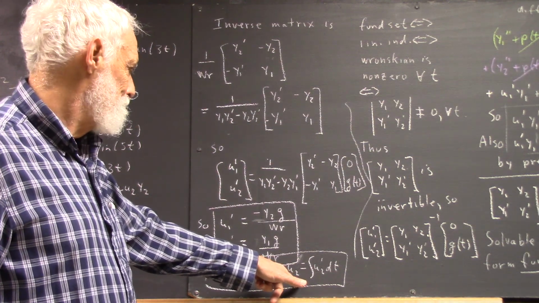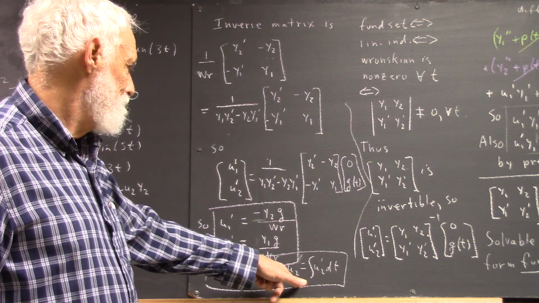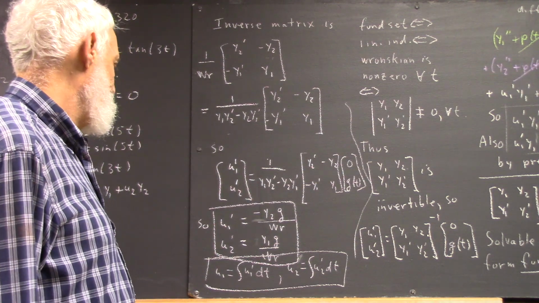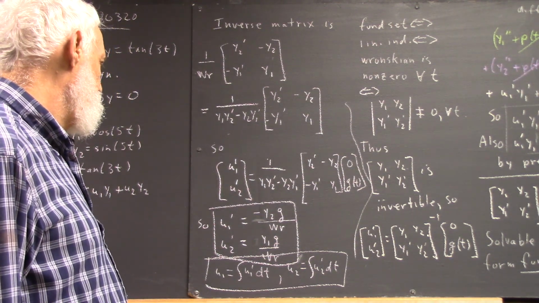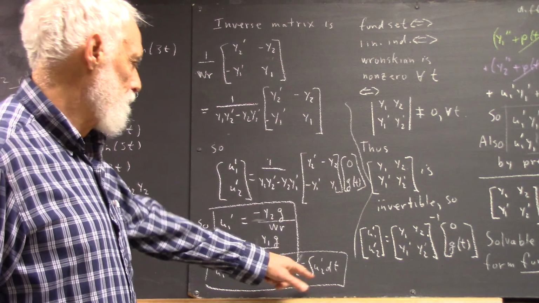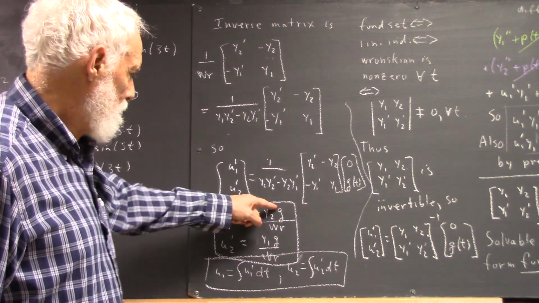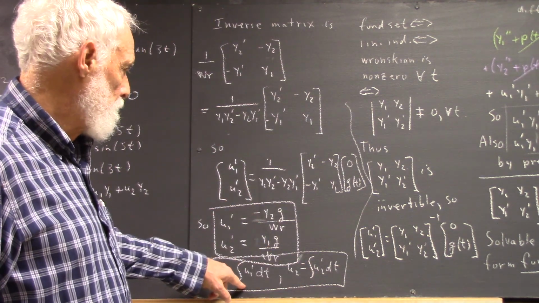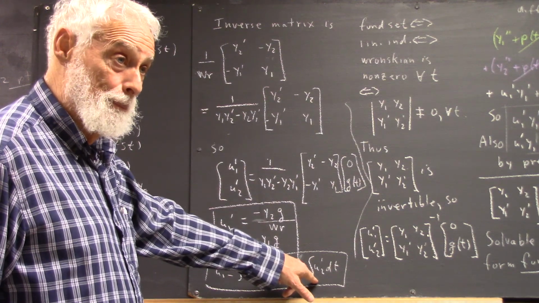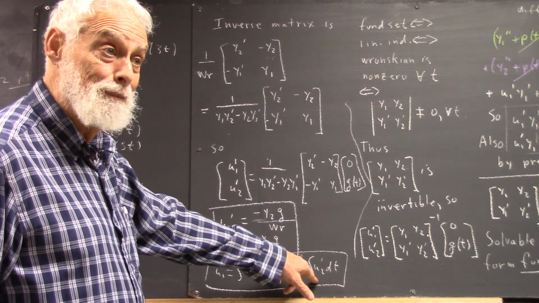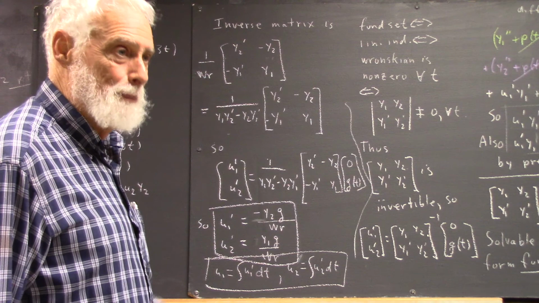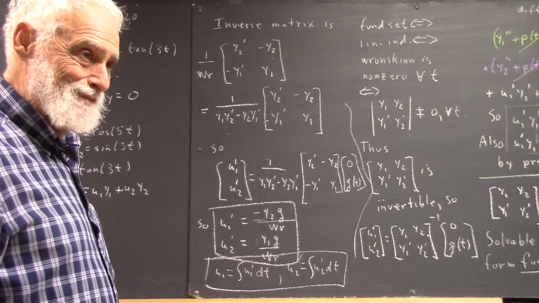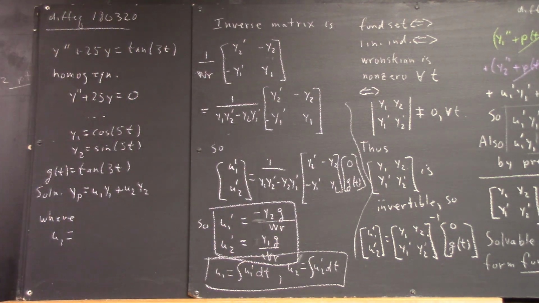But actually, when I wrote this, I wrote something kind of obvious. I meant to put these terms in for the u1 prime and the u2 prime, right? I mean, that's implicit. So I didn't actually make a mistake, but I didn't write what I intended to.